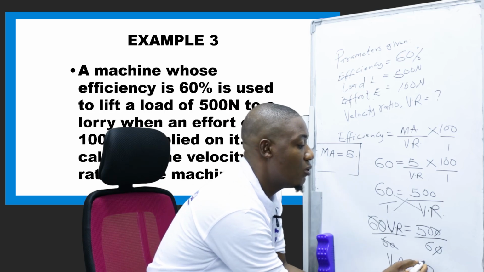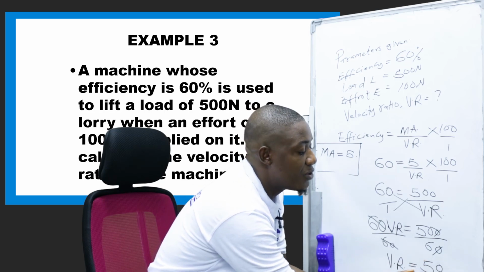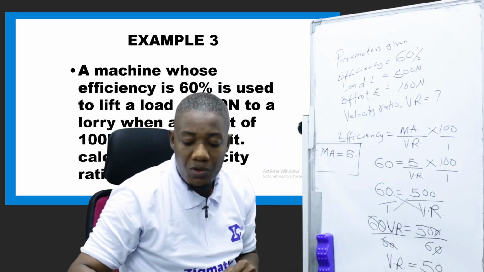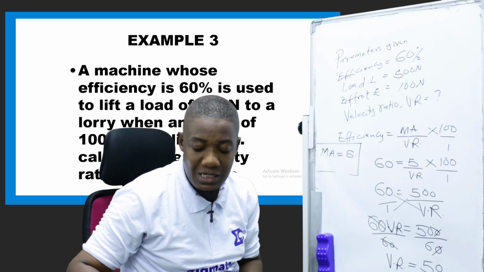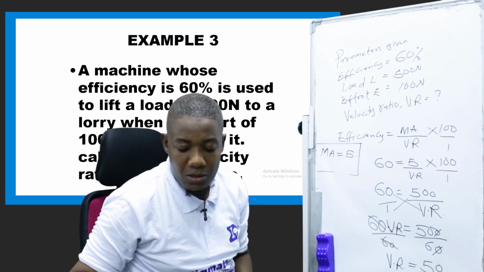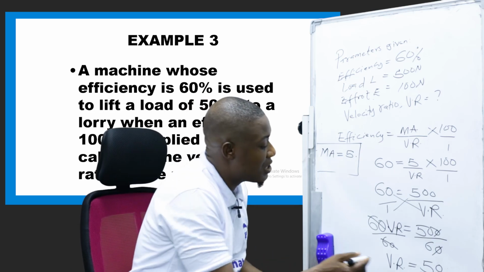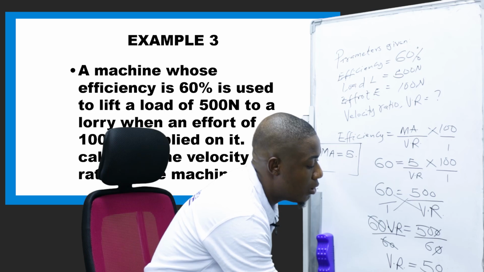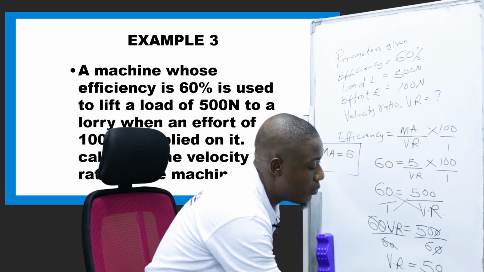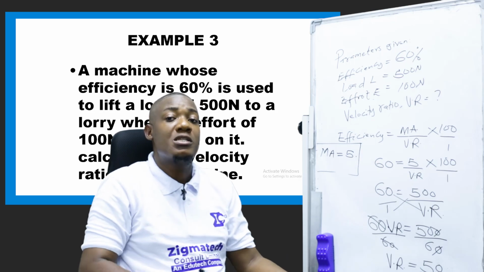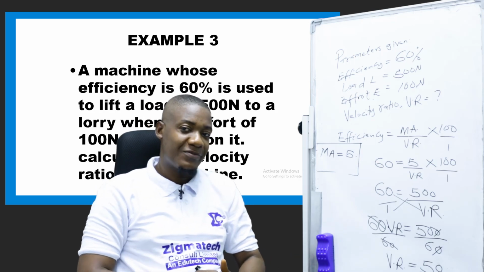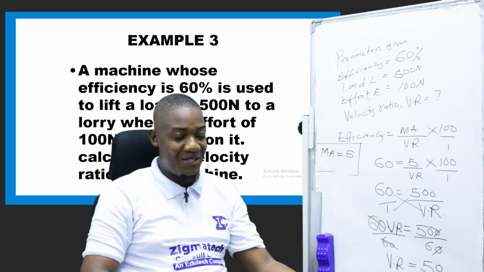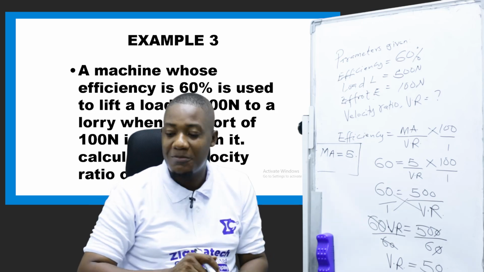Therefore, velocity ratio is equal to 50 all over 6. So, what is 50 all over 6? The velocity ratio of this machine, therefore, is equal to 8.3. What is the unit of velocity ratio? I know you have an answer. Remember, velocity ratio has no unit. So don't be tempted to put units to it.